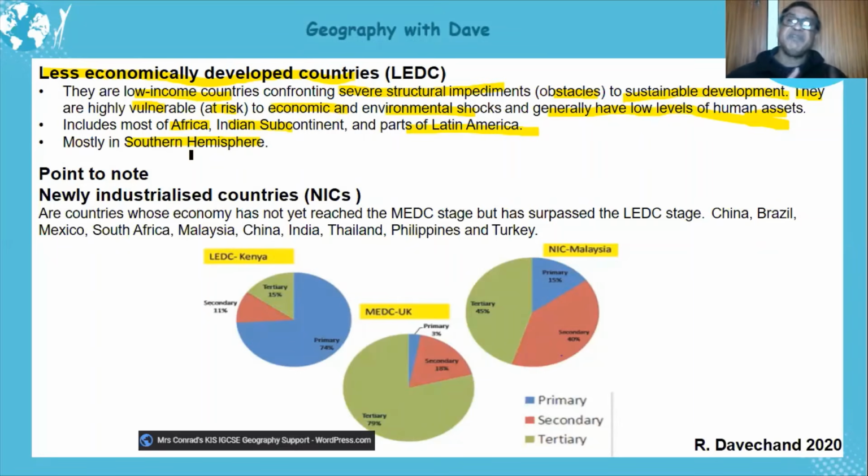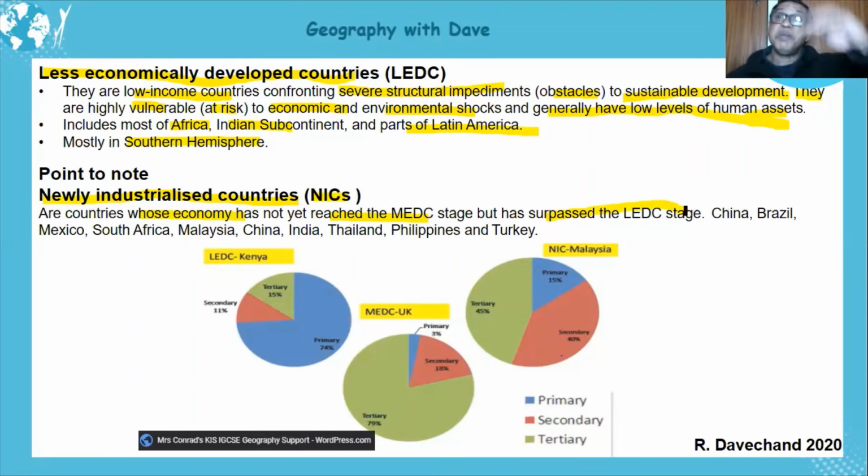We can't just have LEDCs and MEDCs. We also have NICs, newly industrialized countries, newly industrialized. Because what happens here, these are countries whose economies have not reached the MEDC stage. They're not in the more economically developed, but they have gone above the LEDC stage.